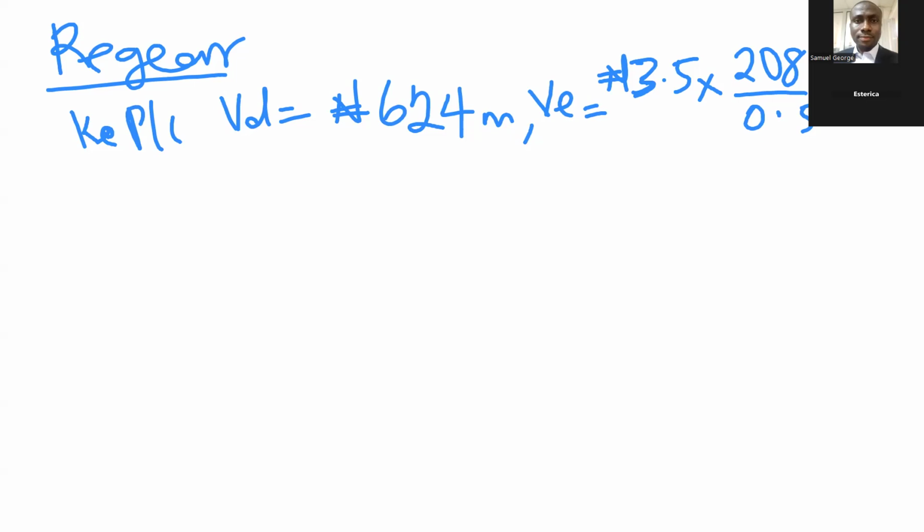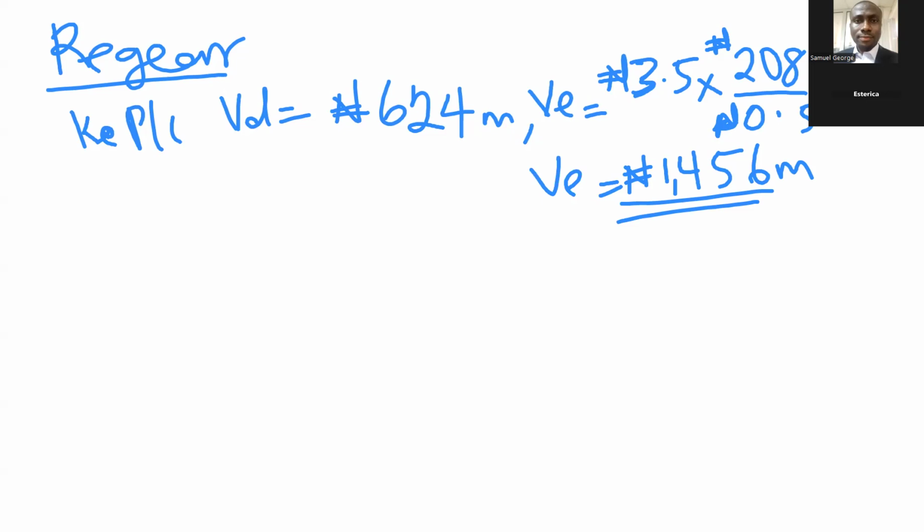So 208 million divided by 50 kobo gives the number of shares, 416, times 3 naira 50 kobo. We have 1456 in million. So that is the market value of equity of KPLC.